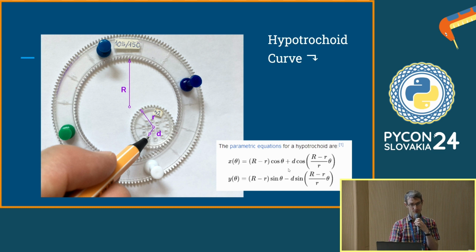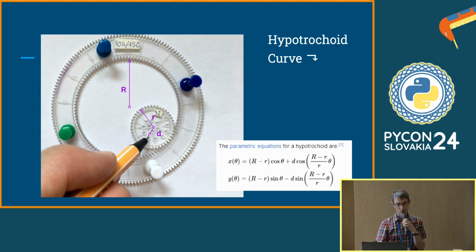These two equations are from Wikipedia, and they basically tell you the shape of the curve, or how it looks. It's defined by 3 parameters. What matters is the size of the large wheel, expressed as a radius R, then the size of the small wheel, that's the small case r, and then d is the distance between the tip of your pencil and the center of the small wheel.